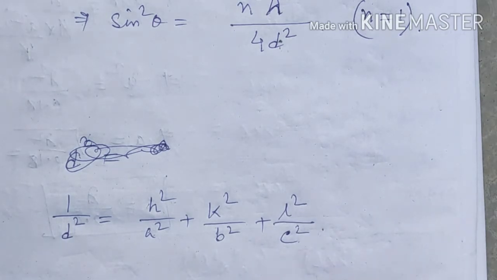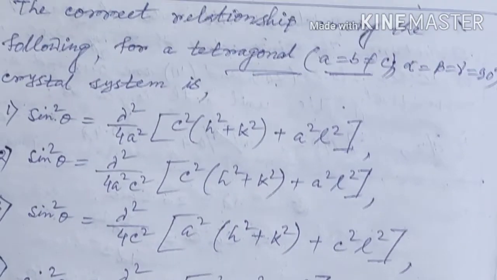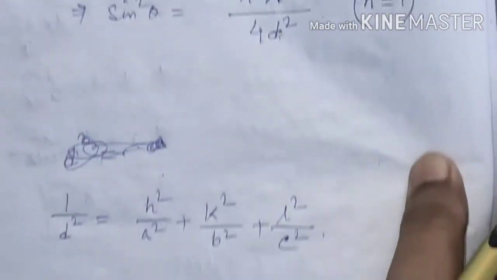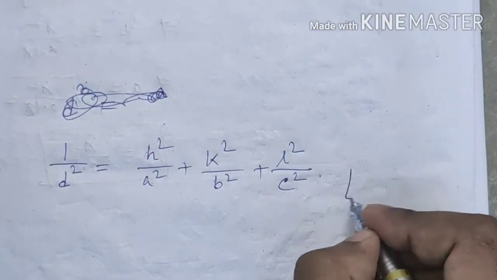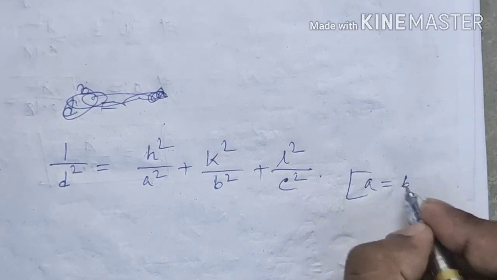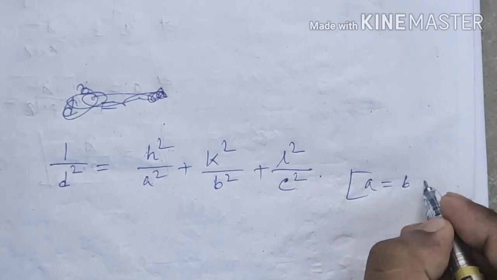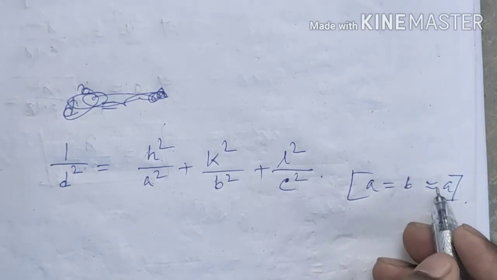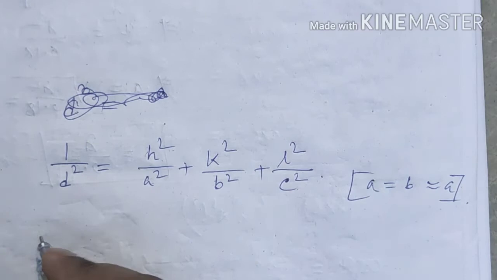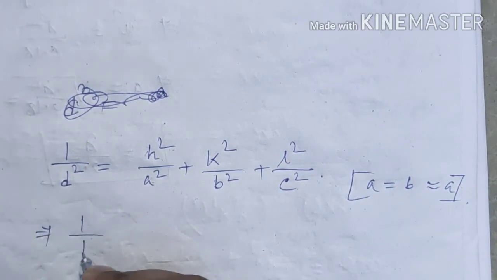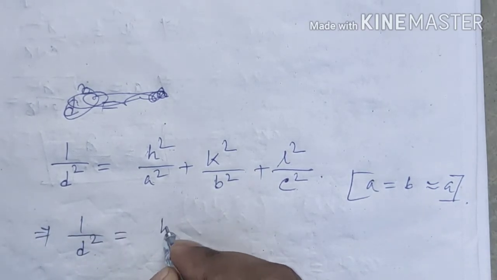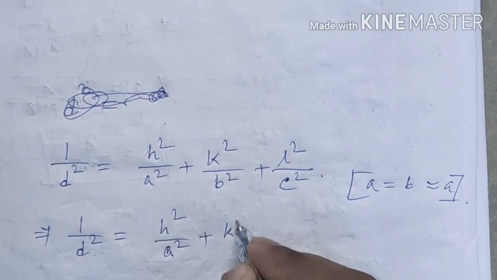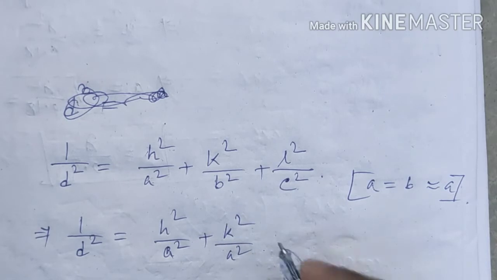Since for this tetragonal case A is equal to B and not equal to C, in this equation we can write that B is equal to A. We put the value of B is equal to A.